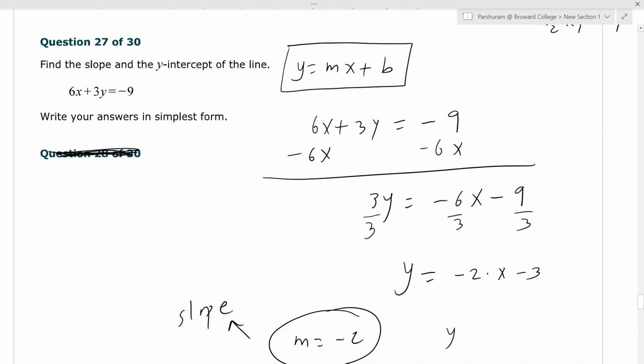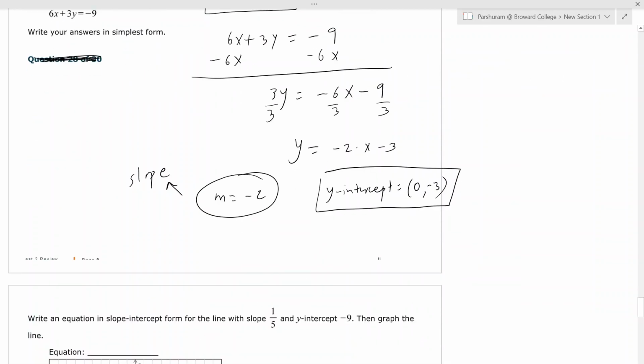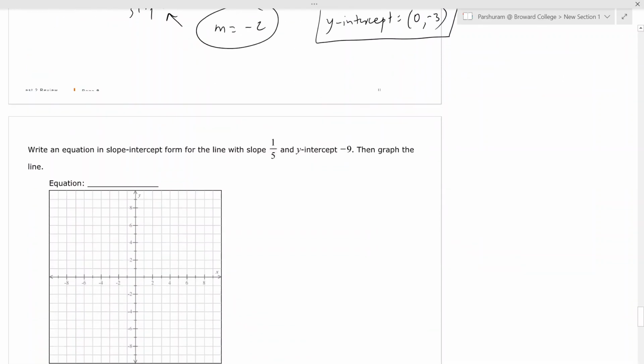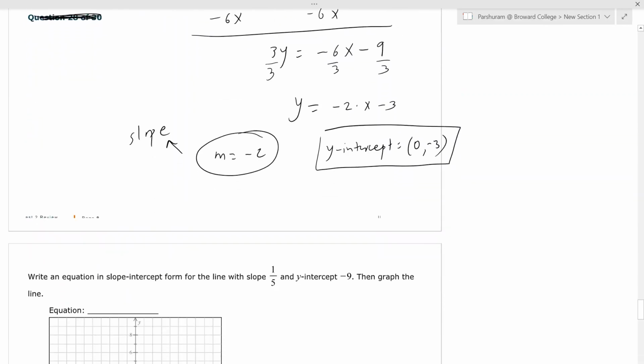So slope is -2, and the y-intercept is 0, -3. Okay, that's problem 27. Let's go to problem 28.